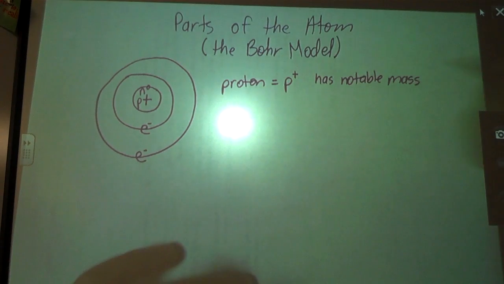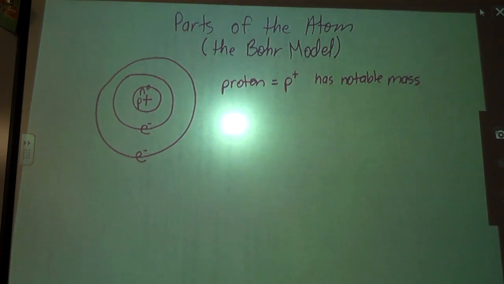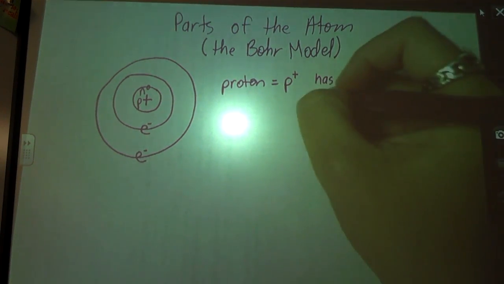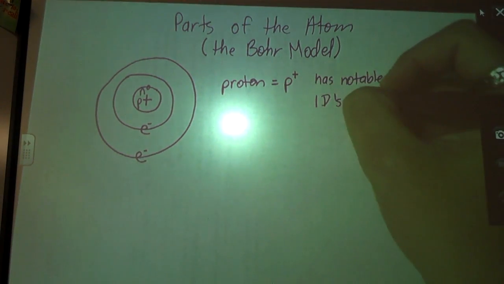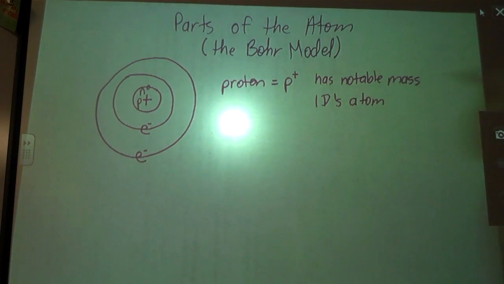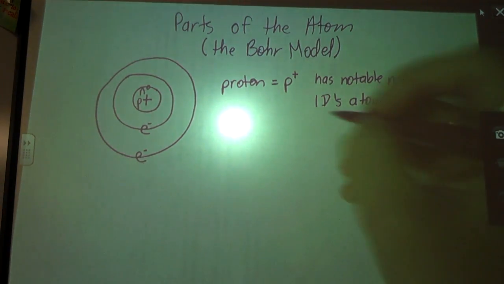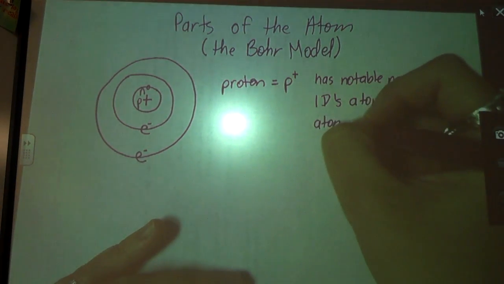And this is also what identifies the atom. What makes a sodium atom different from an iron atom? The crux of that is the number of protons. If you change the number of protons, you change the atom. So we'll say IDs atom. On the periodic table, this is your atomic number.